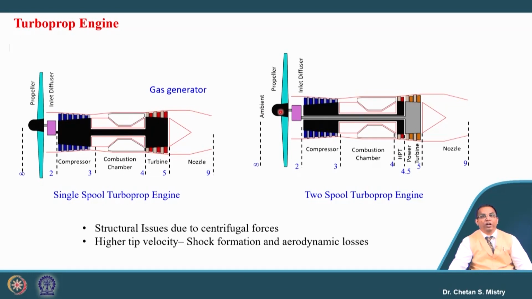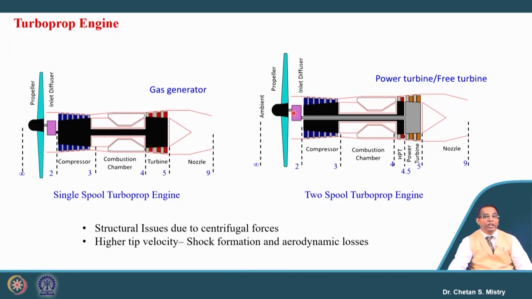Similarly, we have another construction in which we have two spools. In one spool the compressor is rotated by the HP turbine, and the other turbine we have defined as a power turbine or free turbine, which is connected with the propeller by using a gearbox, and that is used to rotate the propeller.